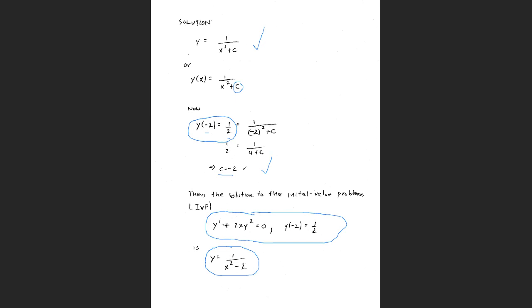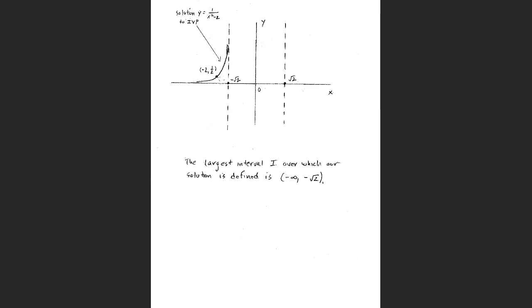All right. Well, now in the problem, we want to find the largest interval over which the solution is defined. So to answer that question, it helps to draw a little picture. On the next page, I drew my XY plane.